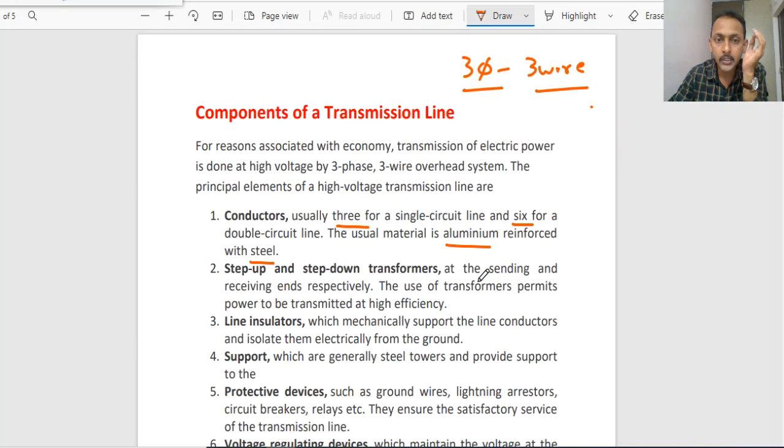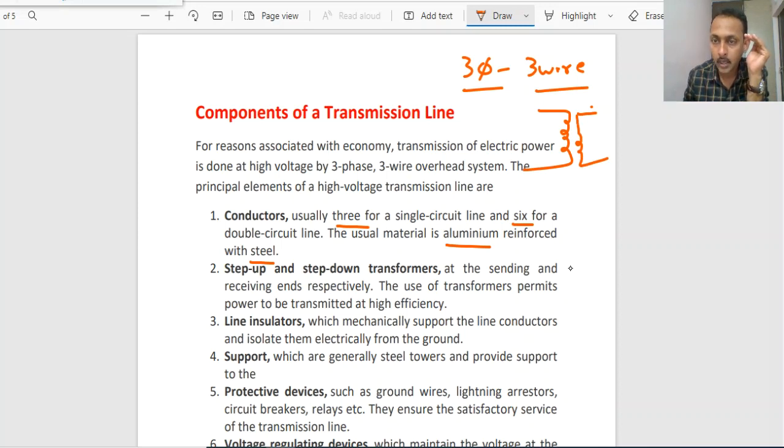Next one is the transformer. Its major purpose is to step up or step down the voltage without any change in frequency. It means that if the input supply frequency is 50 Hz, there won't be any change in frequency, but the levels of voltage will be changed, depending upon the step up or step down.